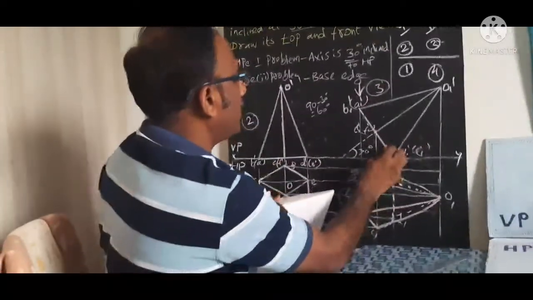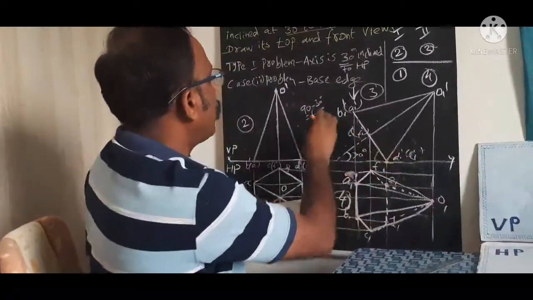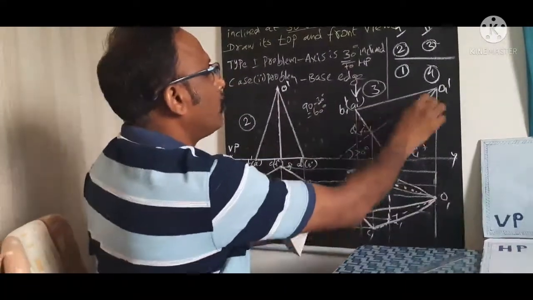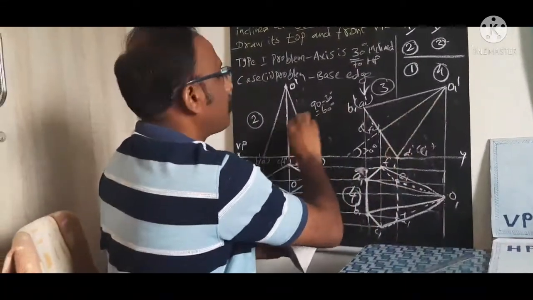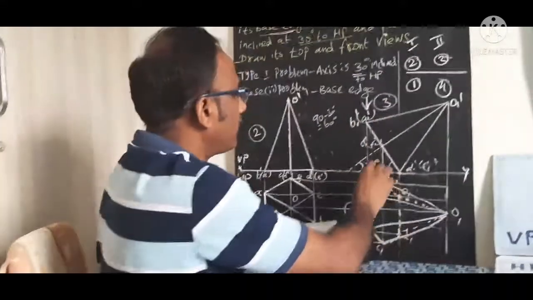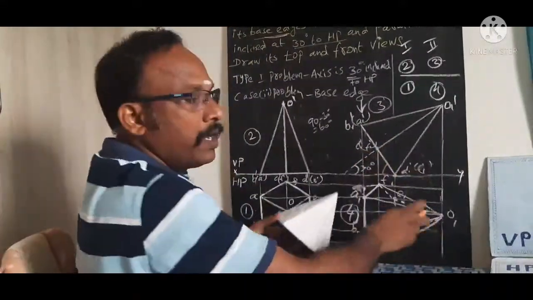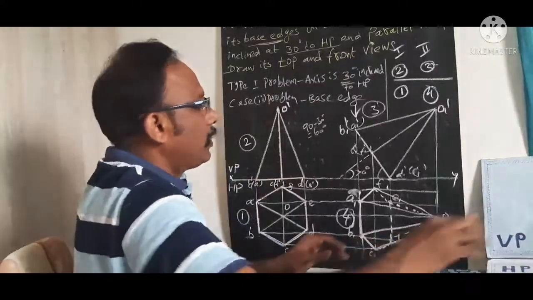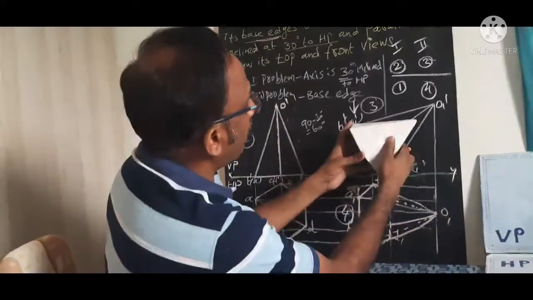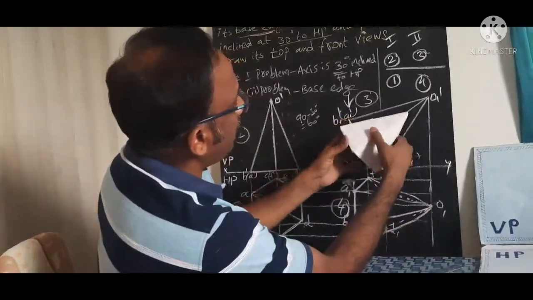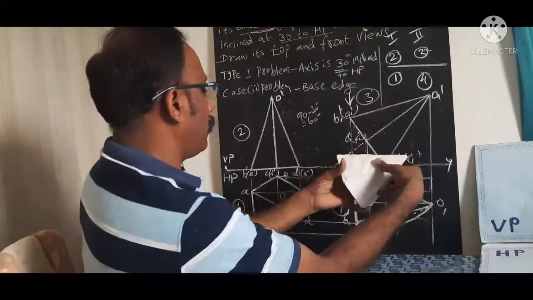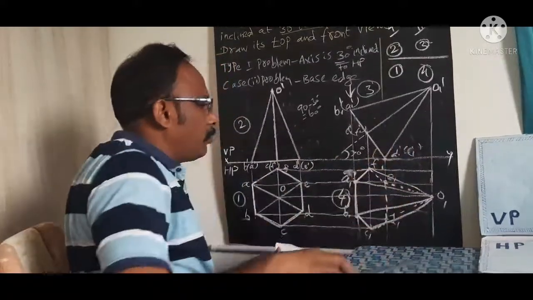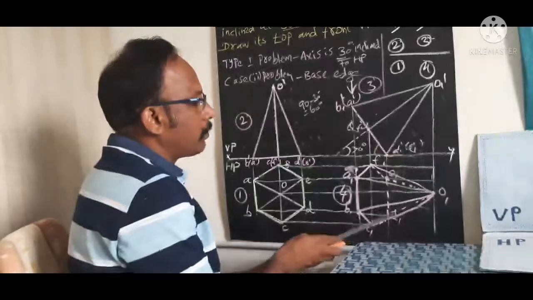So we can find this base angle as 90 minus 30, 60. So you need to redraw this step number 2 as step 3, whose axis is 30 degree to VP. Now HP. So now we redrew here. We got this corresponding front view, and the top view we finally draw and join all these points.